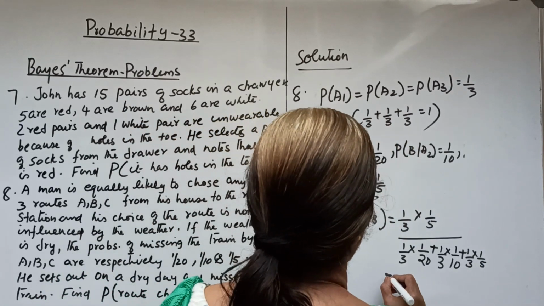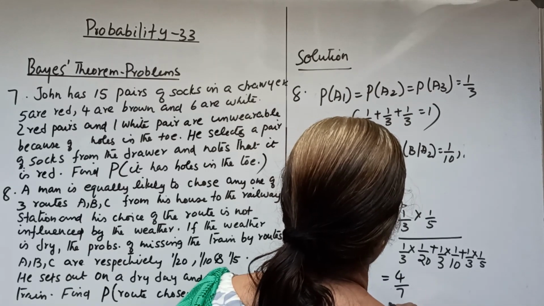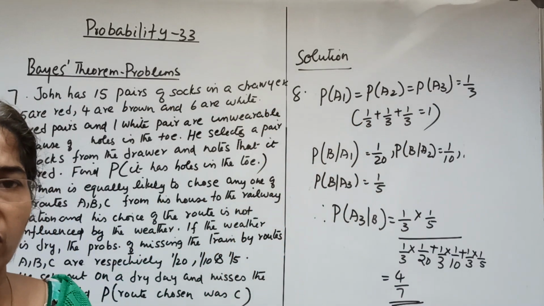Okay, on simplification, the answer is 4 by 7. The answer is 4 by 7.